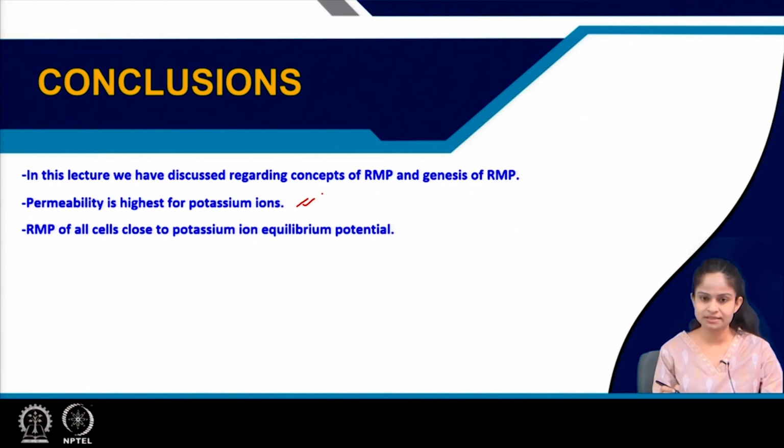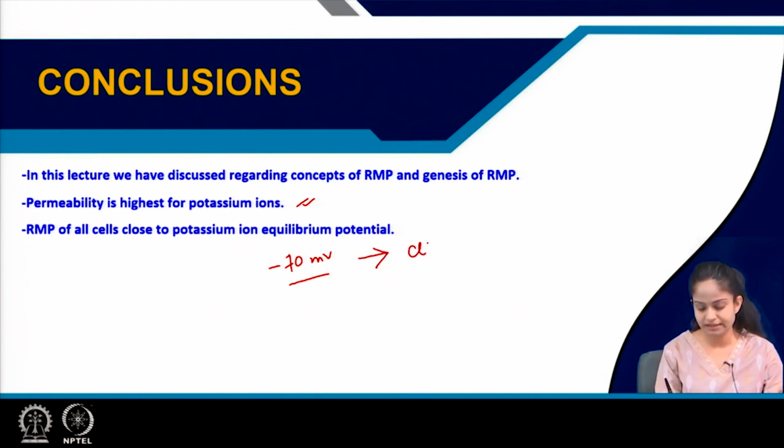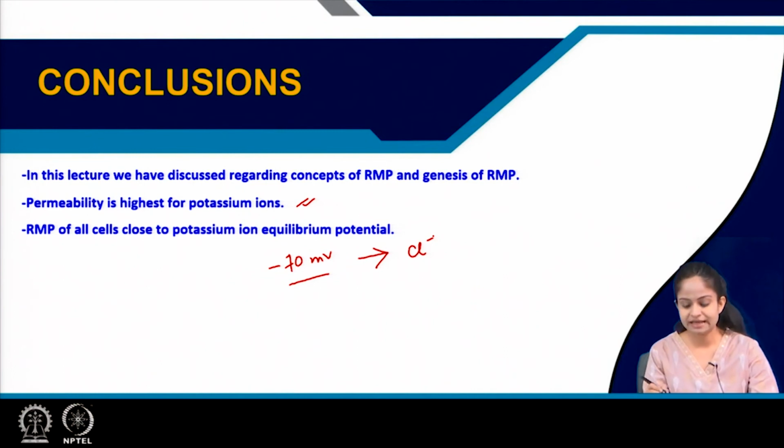But if a question is asked, suppose the resting membrane potential of a particular cell, say neuron, is minus 70 millivolt, then it is corresponding to which ion? At that time the answer will be chloride ion, because the chloride ion equilibrium potential is minus 70 millivolt. The question that is asked has to be very specific.